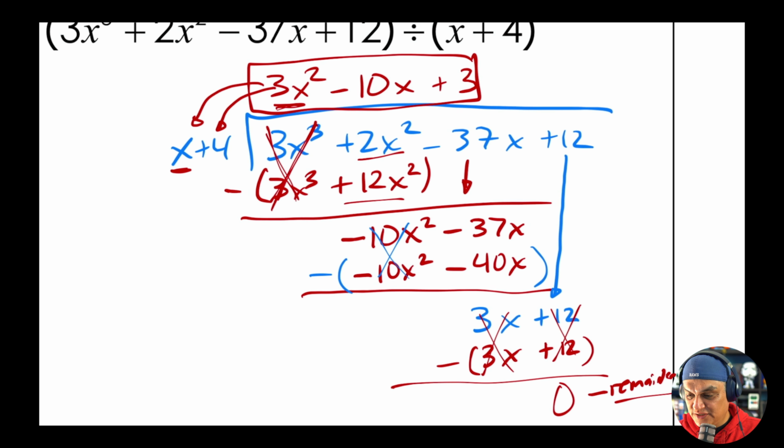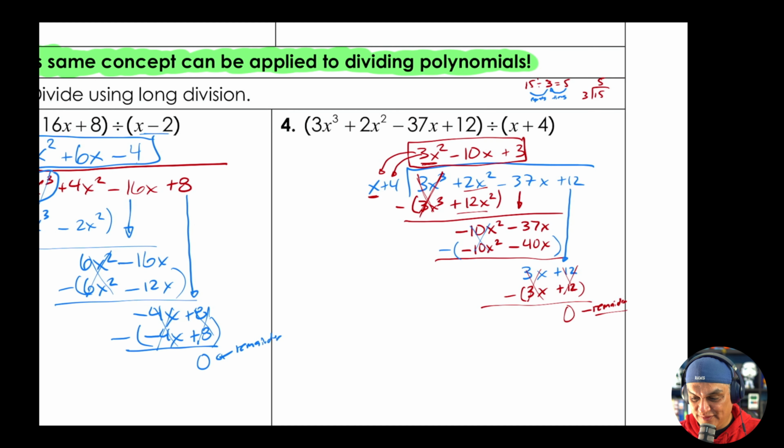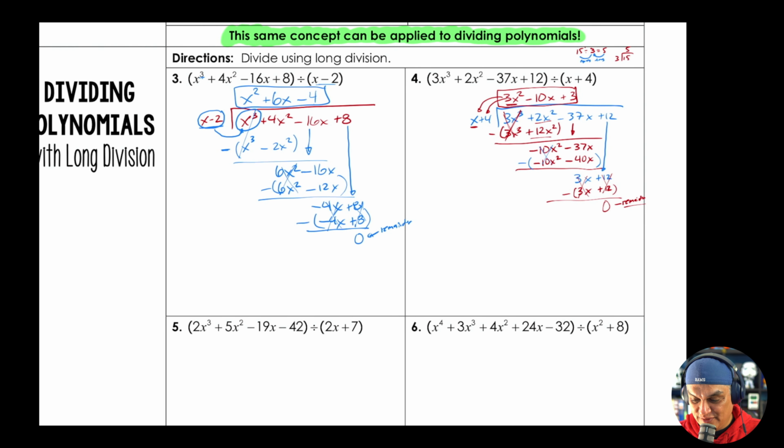Okay, any questions on how we did this one? So now we did a second one, and some of you are like, okay, I'm getting the hang of this. So guess what I'm going to ask you to do before we leave? I want you to do number 5.